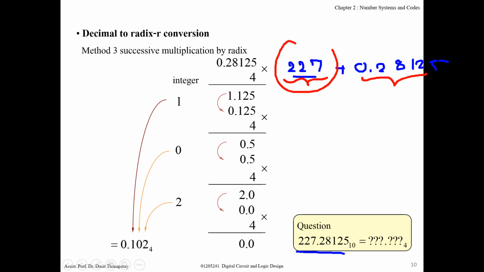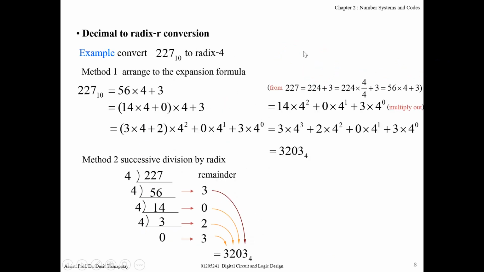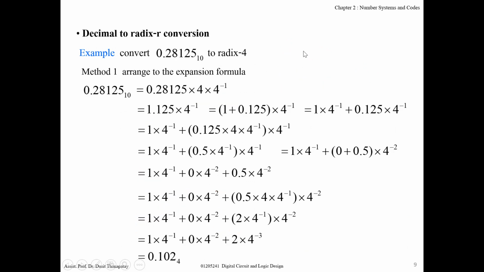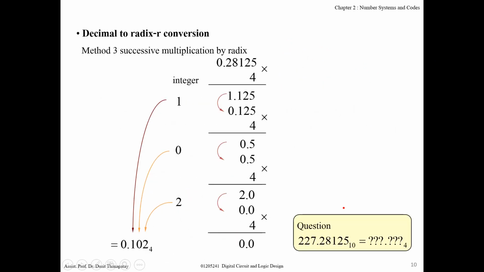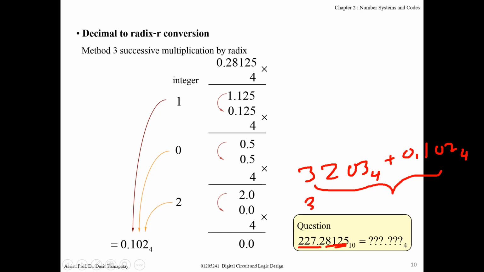So for this part, you get the answer 3203 base 4, and for this part it is 0.102 base 4. When you combine them together, your answer is 3203.102 base 4. That's all. Very easy.